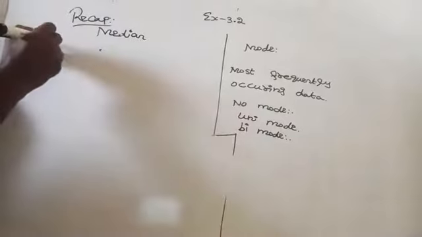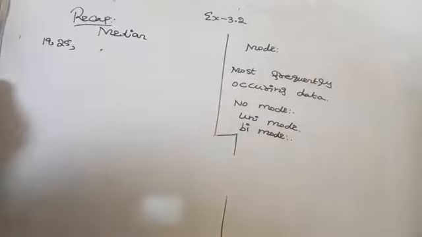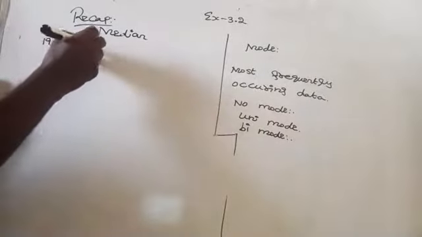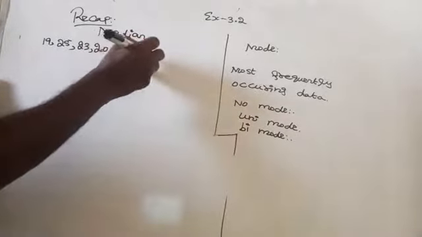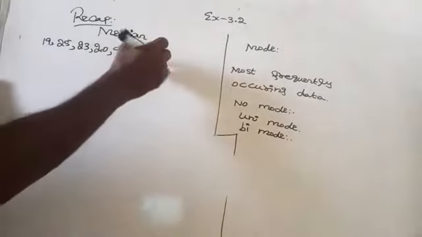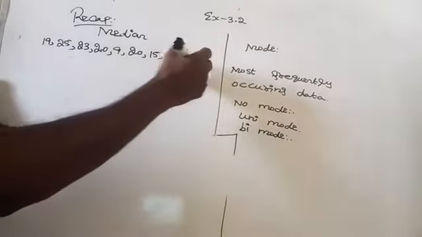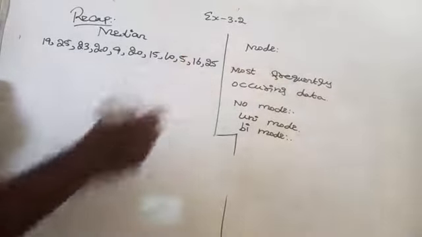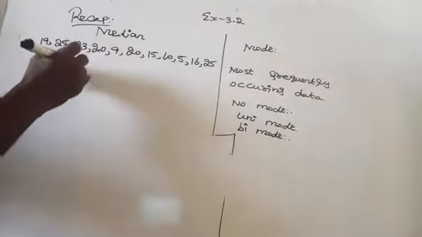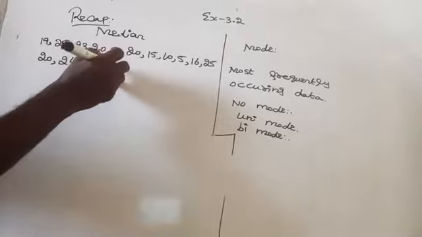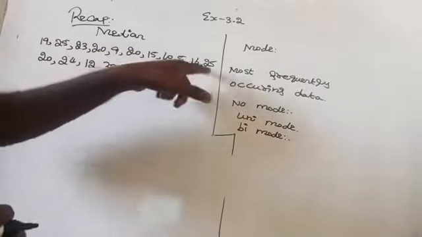It's given that 19, 25, 19, 25, 23, 20, 9, 20, 15, 10, 5, 16, 25, 20, 24, 12, 30. 15 students were given.